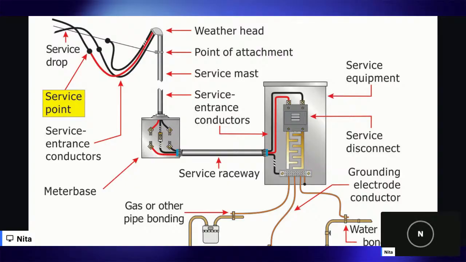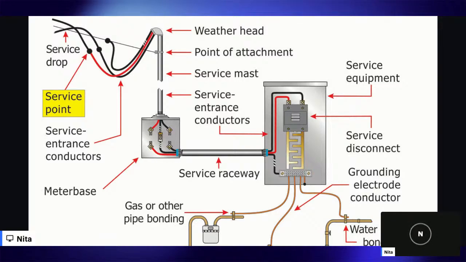They're going to enter a service head or a gooseneck. Before that, we need to have what? A drip loop, because rain needs to be able to cascade off the wiring. That enters a gooseneck. Then the wires go down a service mast, and it's going to travel down vertically into a meter base.